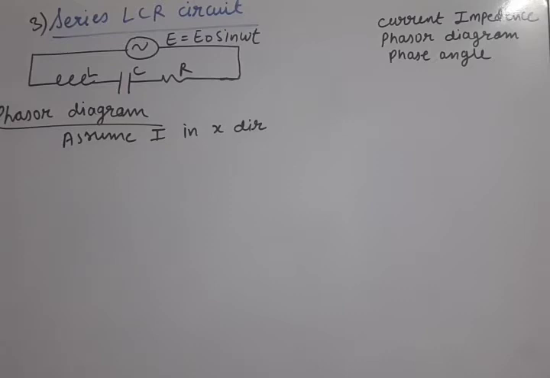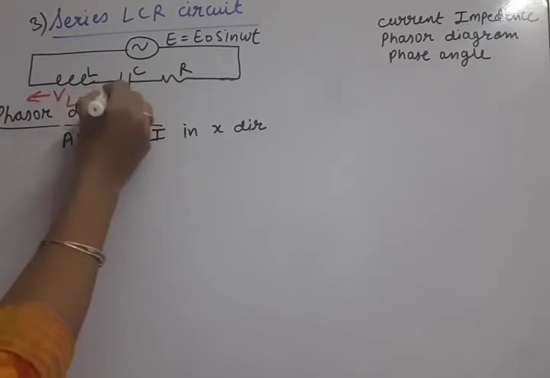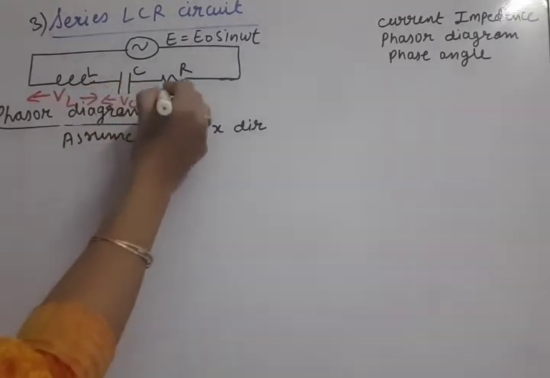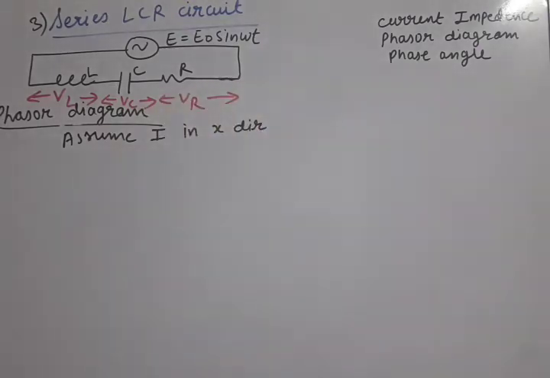As you can see, three components are connected, so we can name the three component voltages like this. Voltage across L is VL, voltage across C is VC and voltage across R is VR. First we will show the directions of these voltages.